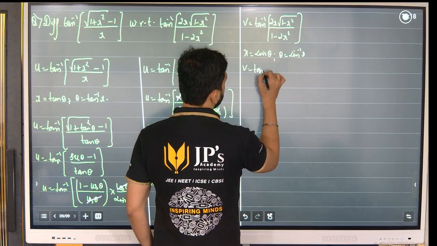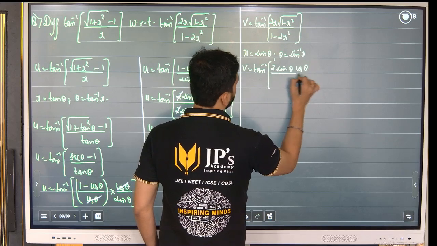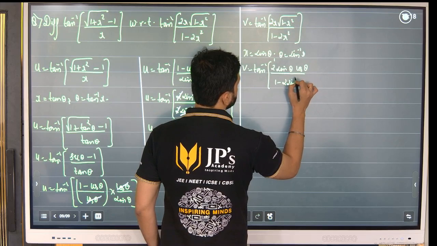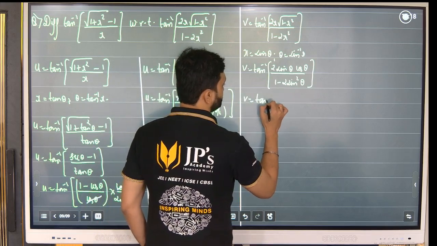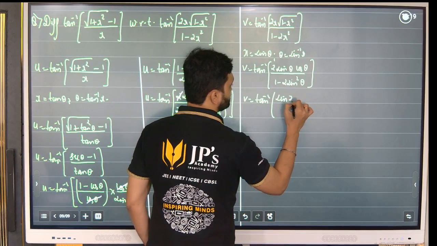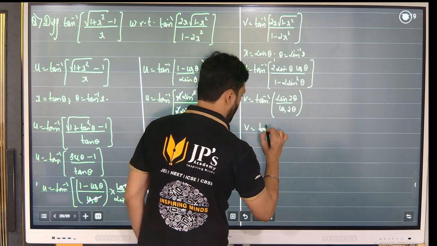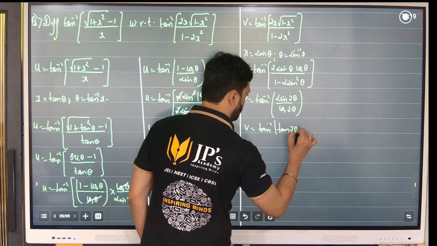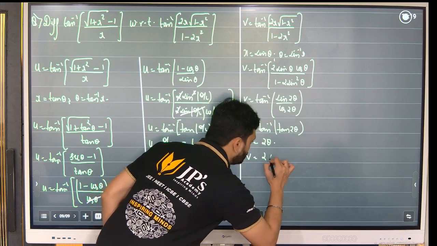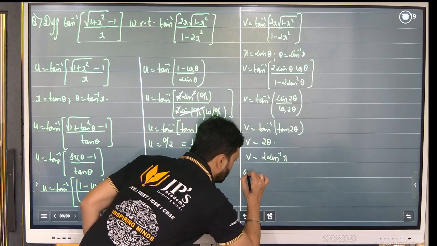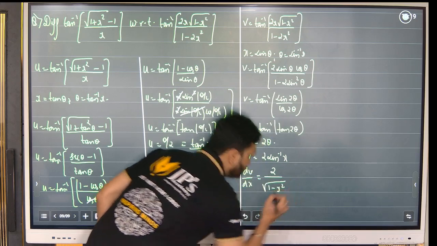So v will become tan inverse of 2 sin theta cos theta upon 1 minus 2 sin squared theta, which is nothing but tan inverse of sin 2 theta upon cos 2 theta, which is nothing but tan inverse of tan 2 theta, which is nothing but 2 theta, which is nothing but 2 sine inverse x. Therefore, dv by dx will become 2 upon under root of 1 minus x square.